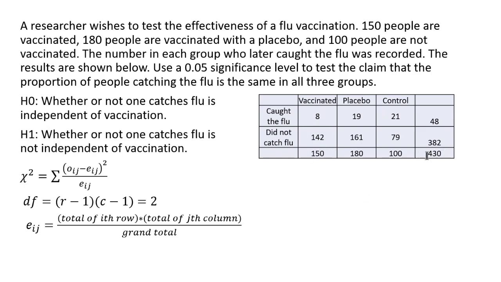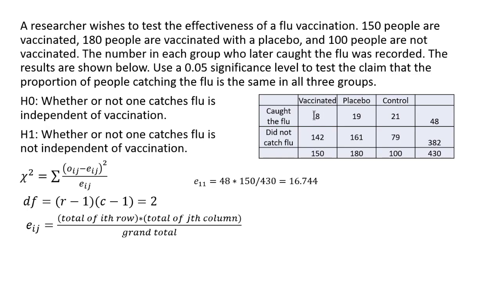And 430 would be the sum of everything. The way you calculate E11, for example, would be to multiply 48 times 150 and divide by 430, the grand sum, which gives you 16.744. So that's going to be the expected value.